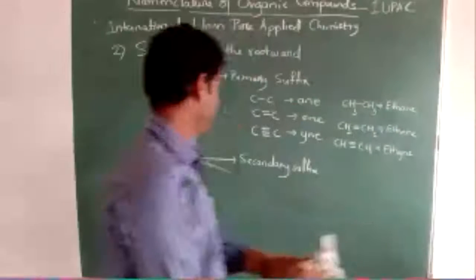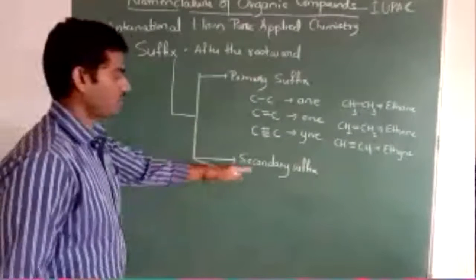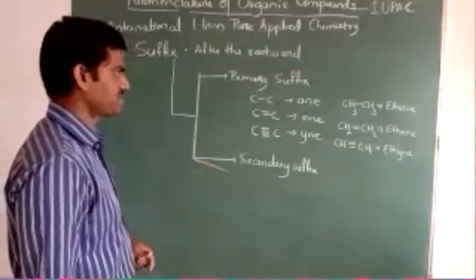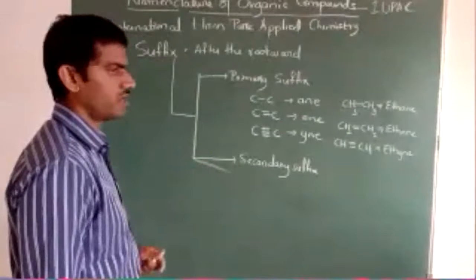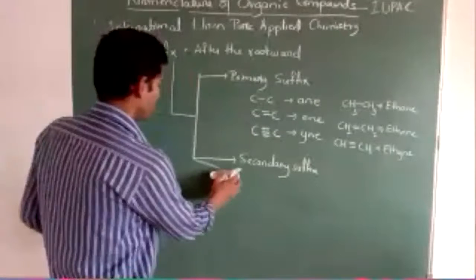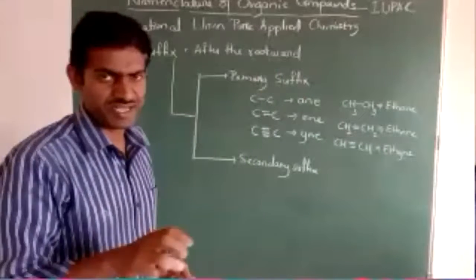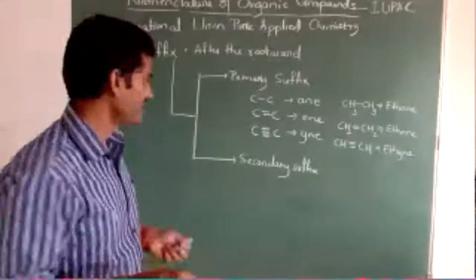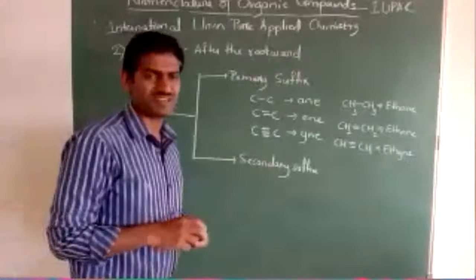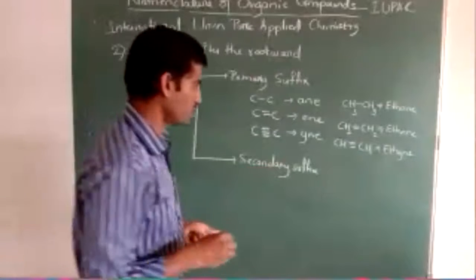Next, we'll go for the secondary suffix. Where are we going to use the secondary suffix? We have already discussed the primary suffix. For the secondary suffix, if the chain has a functional group, that is when we use a secondary suffix.